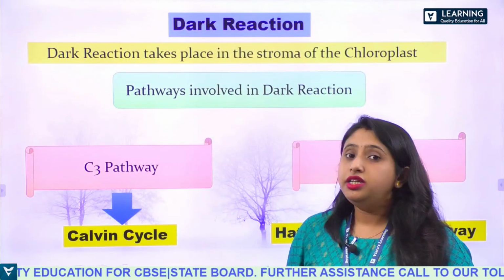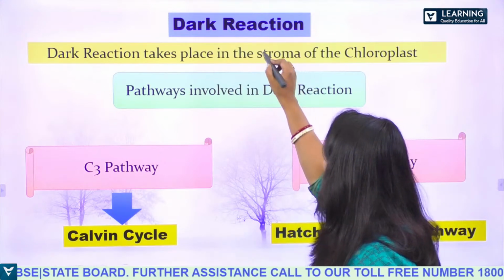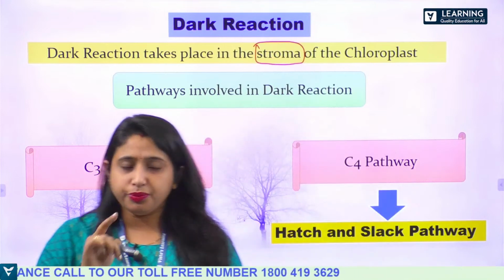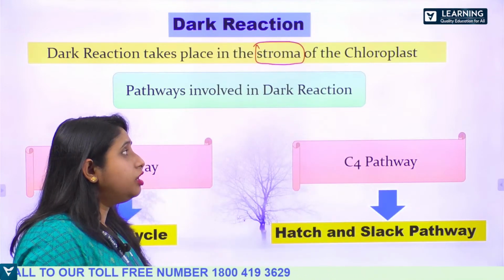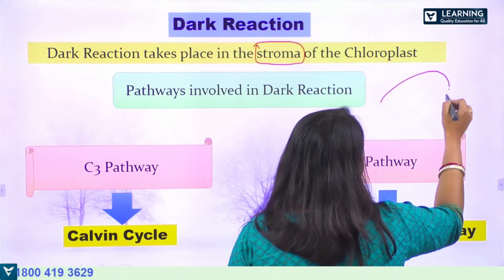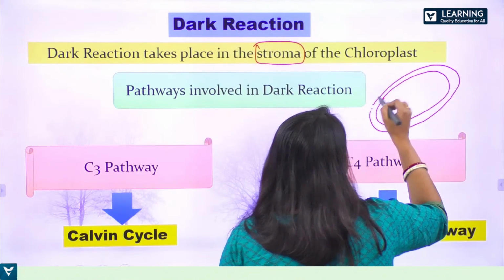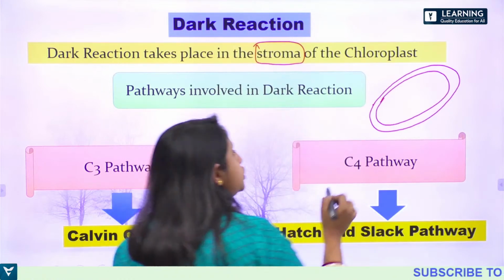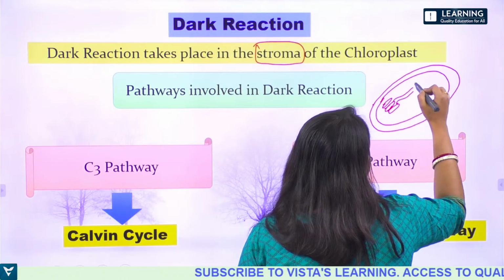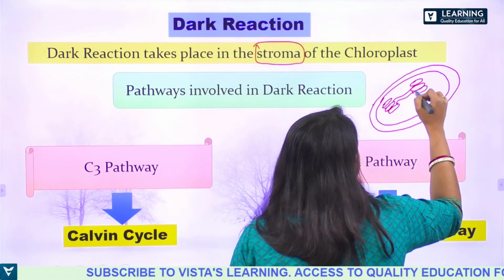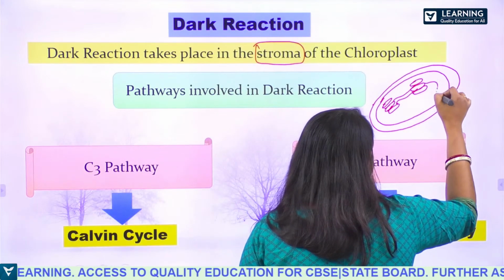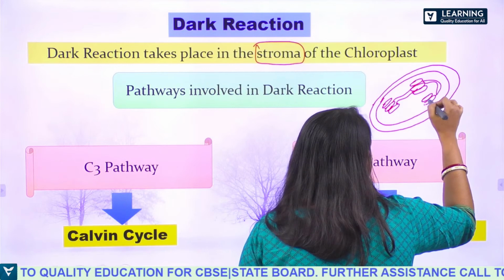Now see, the dark reaction takes place in the stroma of the chloroplast. This is a chloroplast. The chloroplast has a double layered membrane. These are all the thylakoids, joined together with the help of stroma lamella.